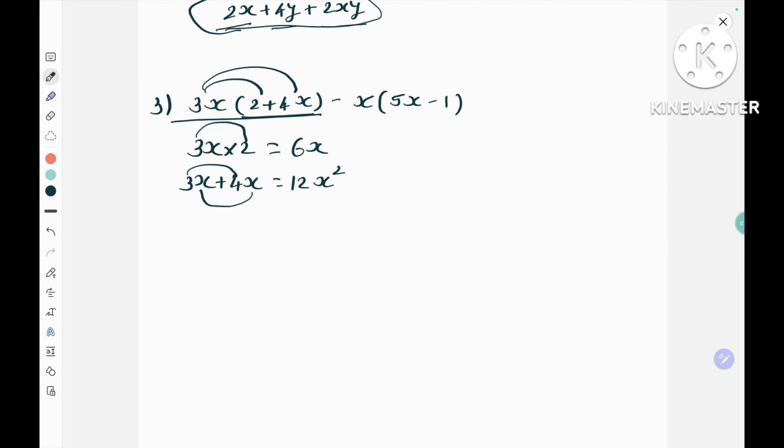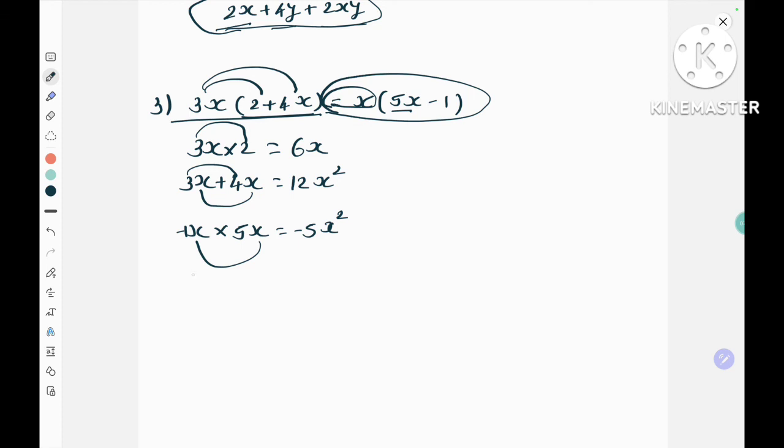Okay, so here we are done with the first bracket. Let's move on to the second bracket. Here remember, in front of x is a minus sign, so we take the x as minus x, multiplied by 5x. In front of x there is no number, so we consider it as 1. So minus 1 times 5 is minus 5, and x times x is x square. Okay, again minus x times minus 1.